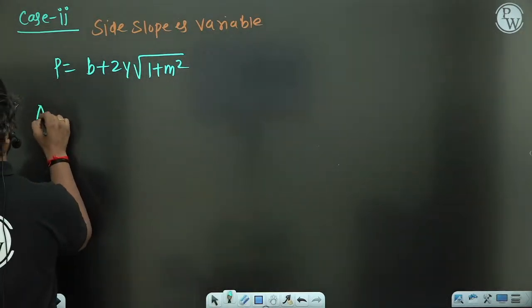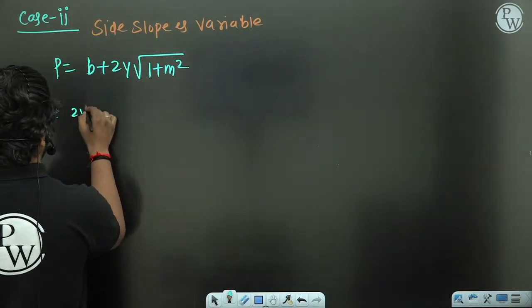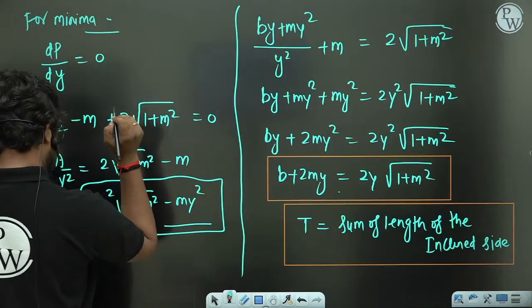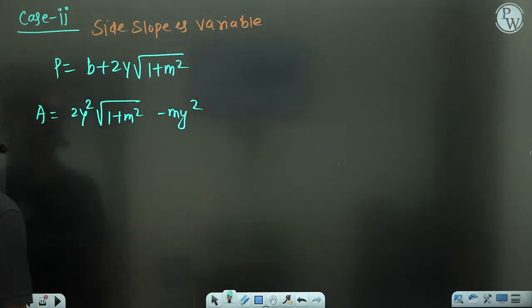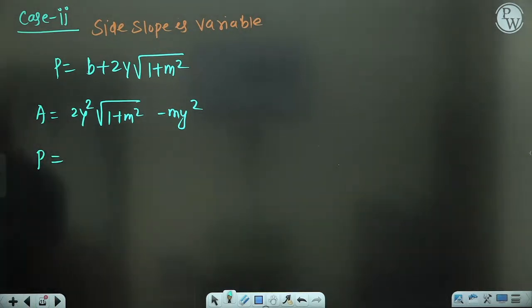So A is equal to 2y square root under 1 plus m square minus my square. This part I am using. So P is equal to what we are getting here. I hope you have understood this part.